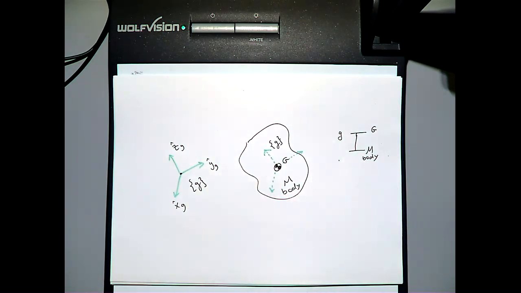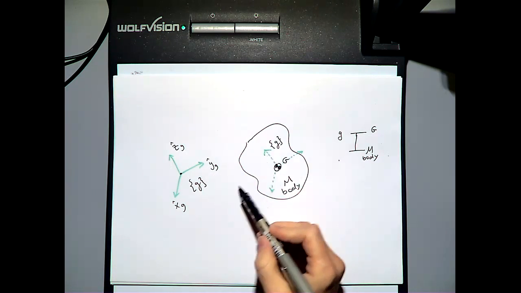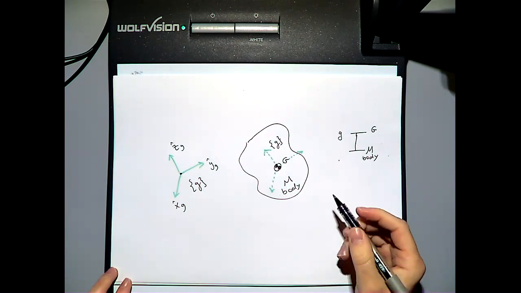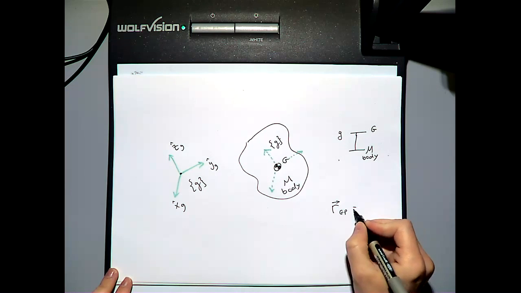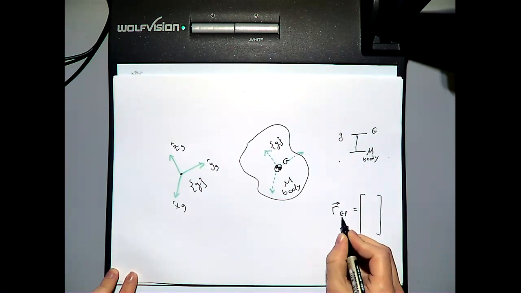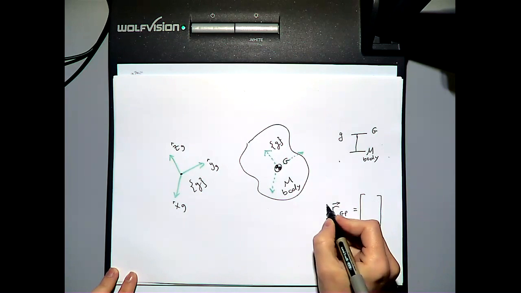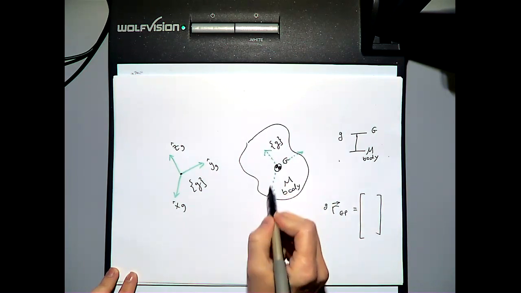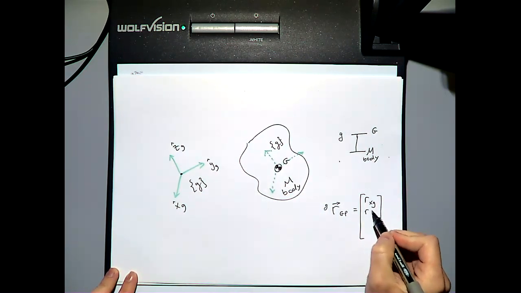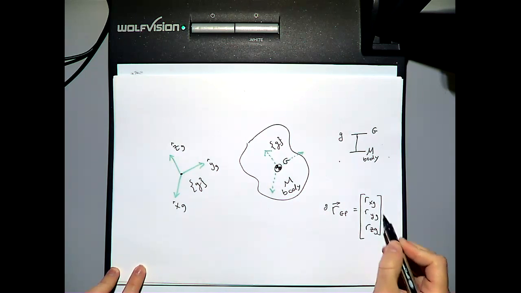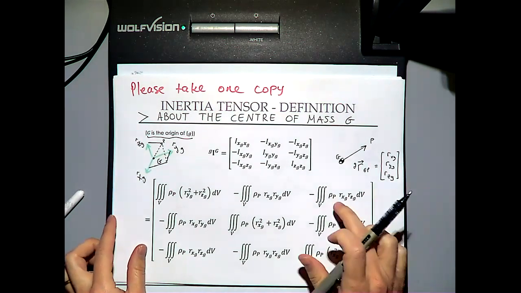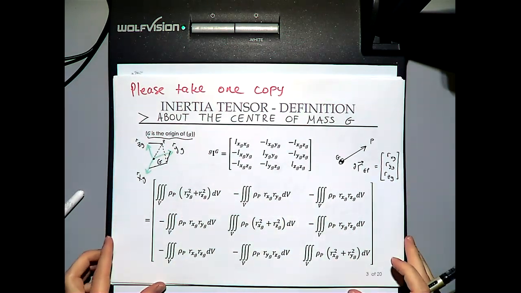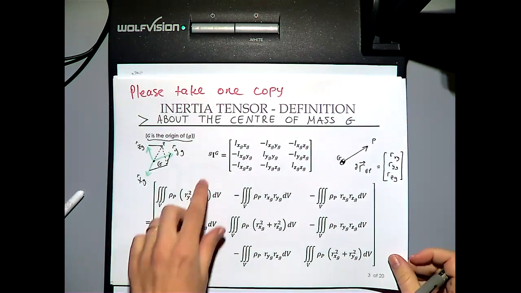Don't be too confused about the origin of this frame G. So this copying is fine, just so that you remember that this vector RGP is starting from point G, and its components in G are in these directions. So these are the components you are using for your integration in all of these integrals.